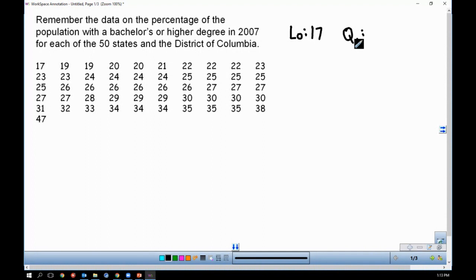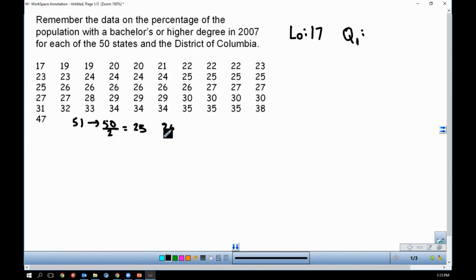Well, let's start from scratch then. First, let's find the median. I'll show you a little trick to find the median real quick. We know there's 51 data points, right? So if I take that and I go down to 50, what's 50 divided by 2? 25.